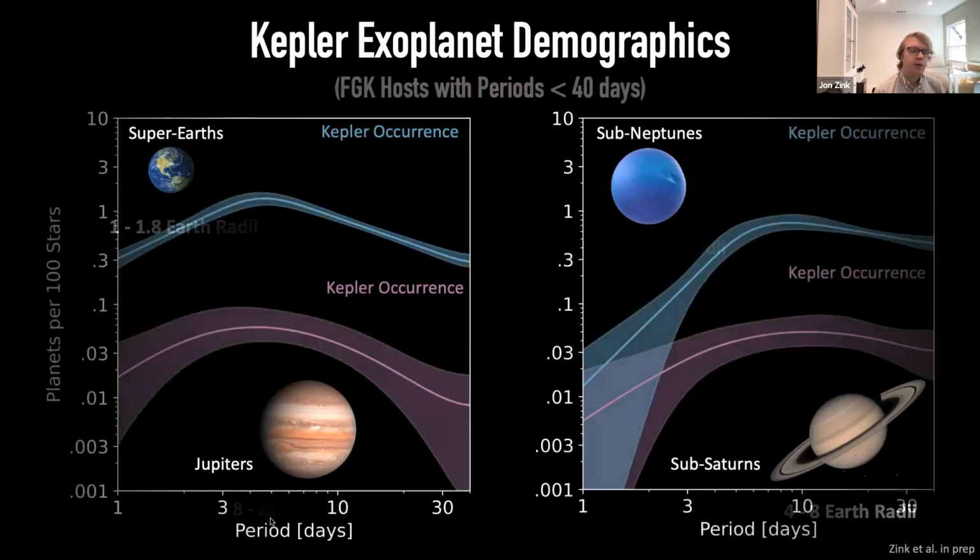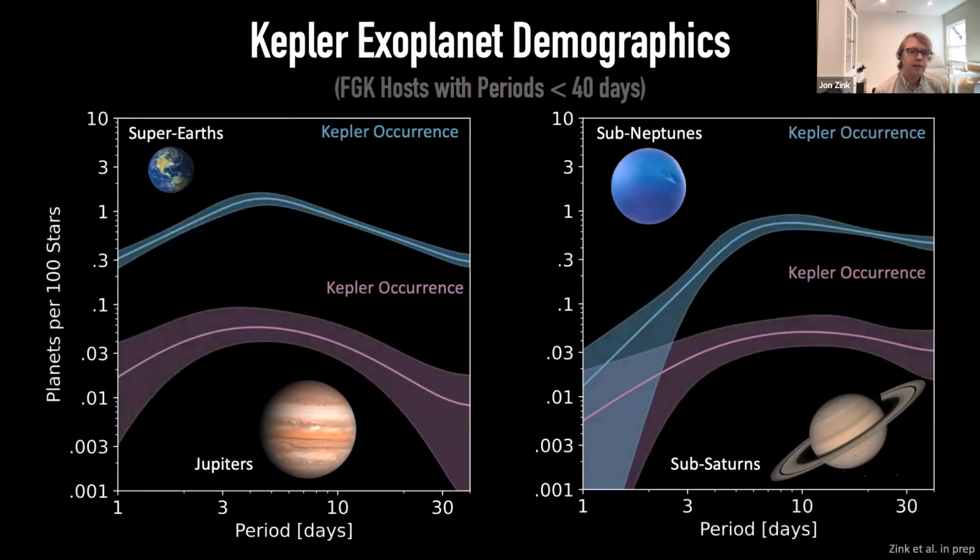Looking at the demographics of these different classes of planets, we'll see some interesting trends. Here I'm plotting planet occurrence as a function of period, for the Kepler sample. What we learned from Kepler is that there's a lot more super-Earths and sub-Neptunes than there are Jupiters and sub-Saturns at these shorter period ranges, which is interesting.